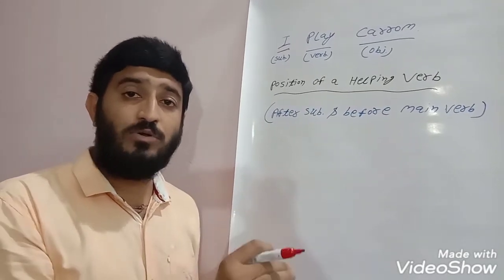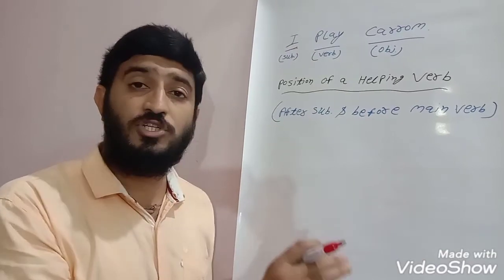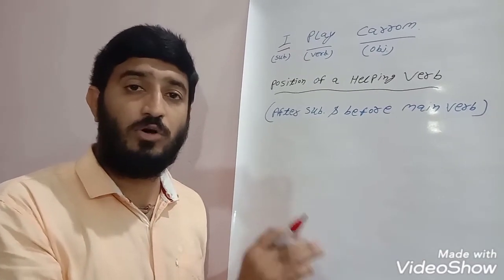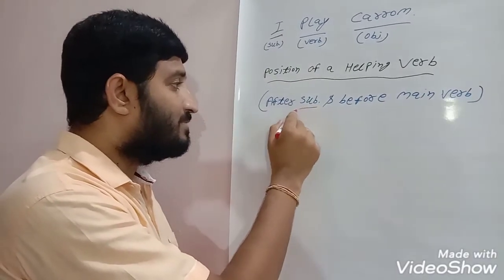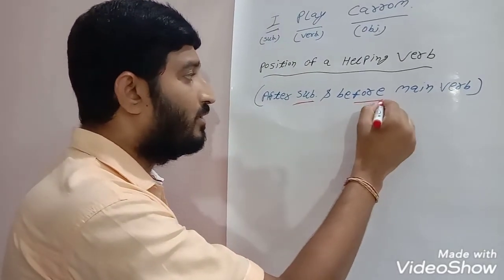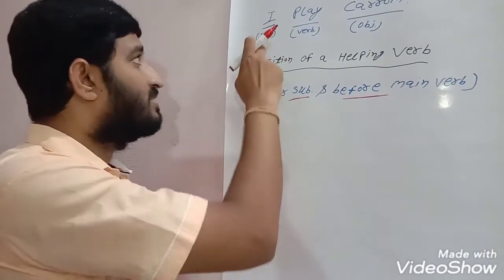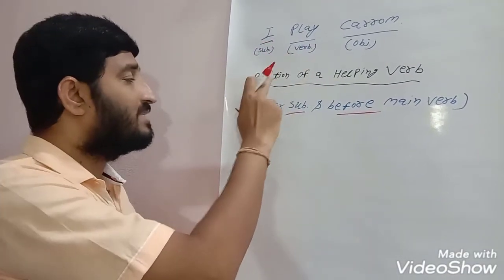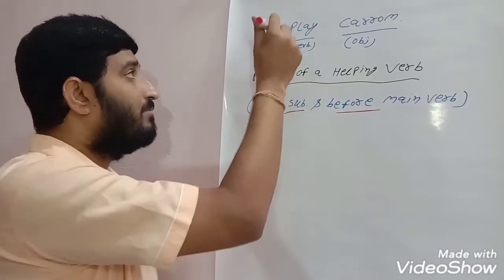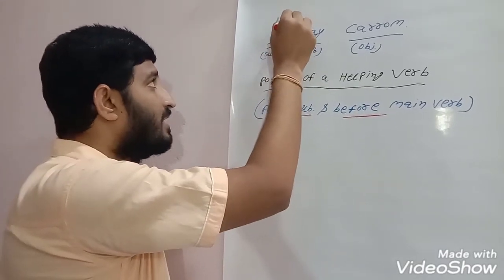And how to know it? We have to know the positioning of the helping verb. It is placed after the subject and before the main verb. Subject is I, main verb is play. So after the subject and before the main verb, we have to place it.